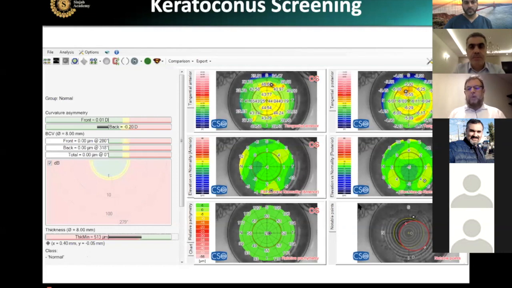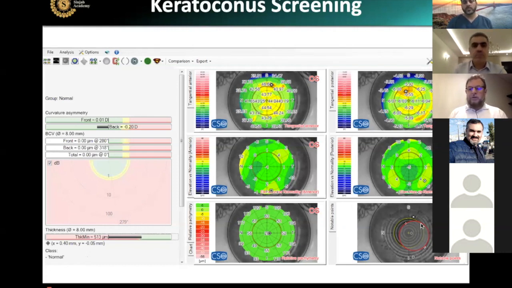So in addition, in order to be sure that the classification is okay, you have to look at the lower corner. If you look at the bottom right, you can see that there are Placido rings on the cornea in the picture, and you can see a red circle.